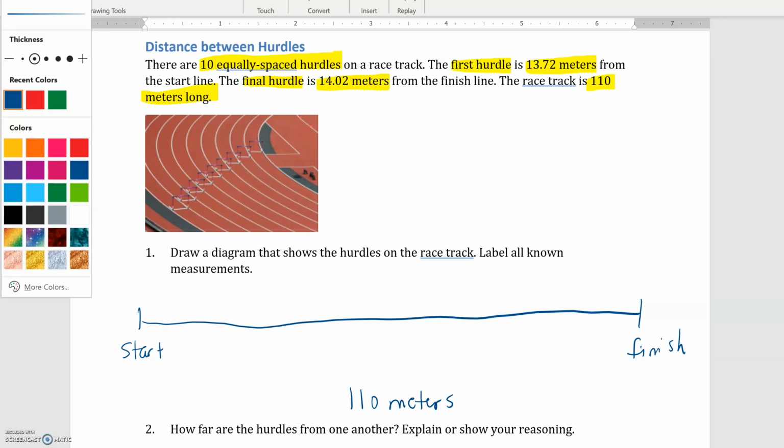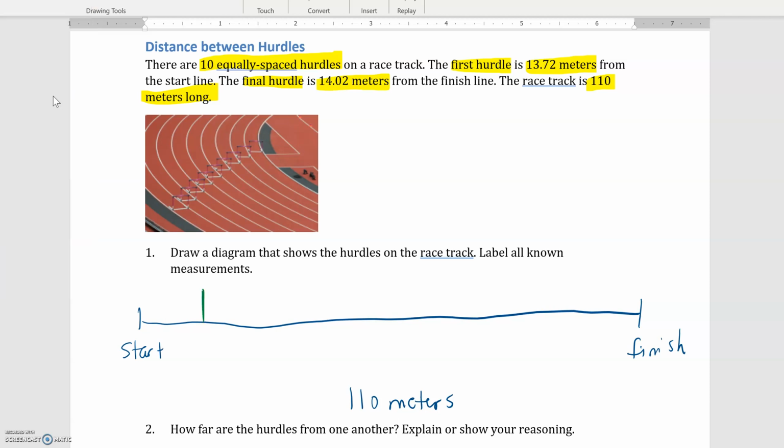I also see that there are 10 hurdles. So I'm going to draw 10 hurdles with these green lines here. 1, 2, 3, 4, 5, 6, 7, 8, 9, 10.